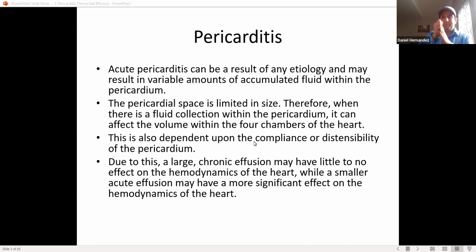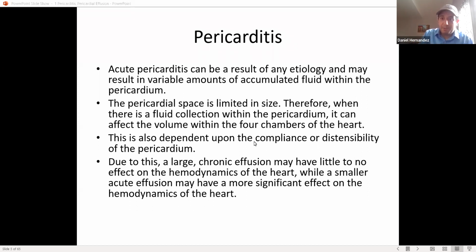Since it's very tight and stiff still, and there isn't much space to work with, a sudden accumulation of fluid is going to put a lot of pressure on the chambers of the heart, and it's going to reduce the volumes of blood within those chambers, and that pressure is going to be translated into the chambers of the heart and affect the hemodynamics within the heart.